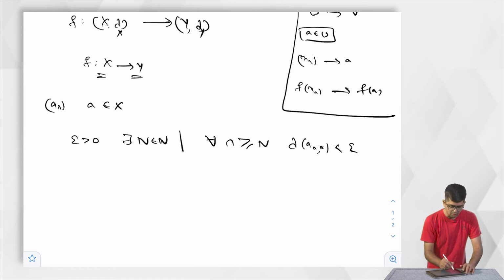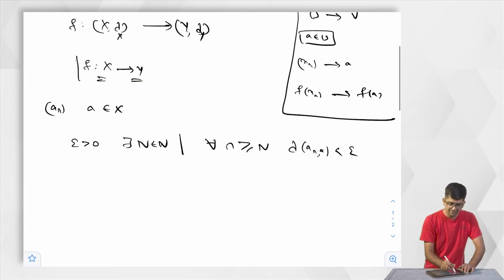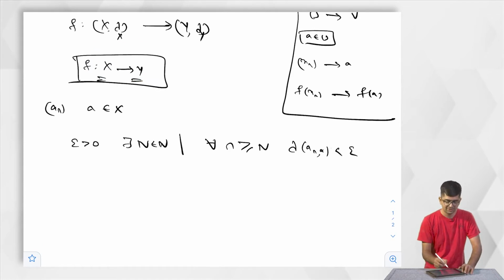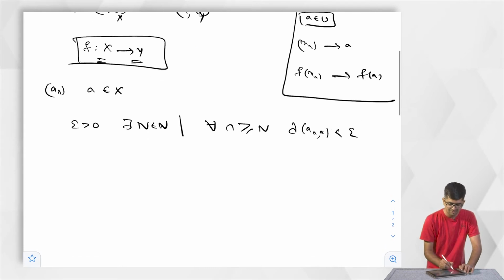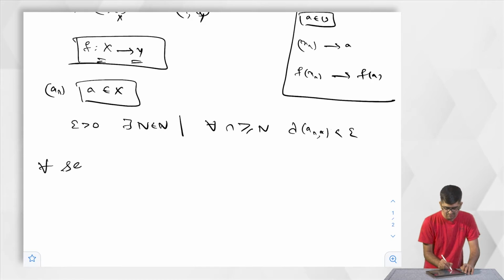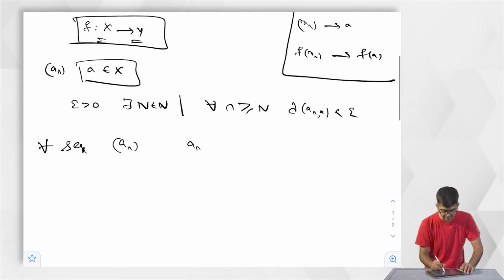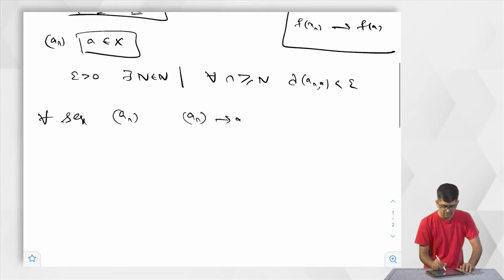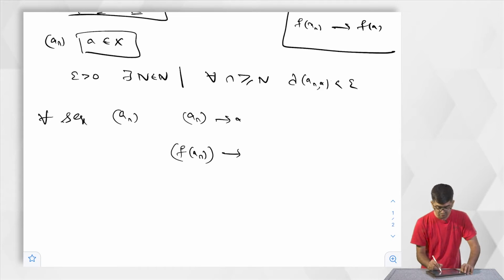So what should be the notion of continuity of f in metric spaces? The same idea. A function f from X to Y is said to be a continuous function with respect to the metrics d_X and d_Y if, for every sequence a_n in X that converges to a, we have the corresponding sequence f(a_n) in Y converging to f(a).